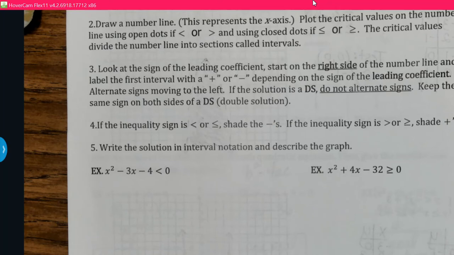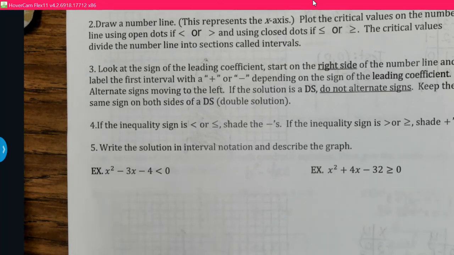If my A is positive, the right side of my graph is going up. If my A is negative, it's going to go down. Knowing that it determines the right end behavior, we're going to start from the right and go left, which is backwards of what you would ever want to do. But we're going to start right and alternate signs from those critical values.